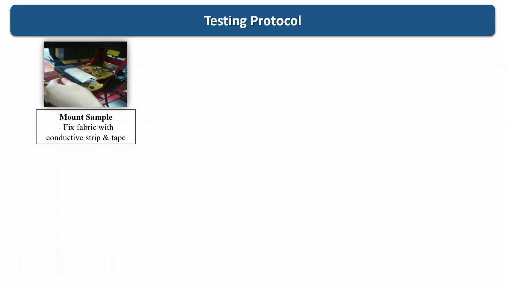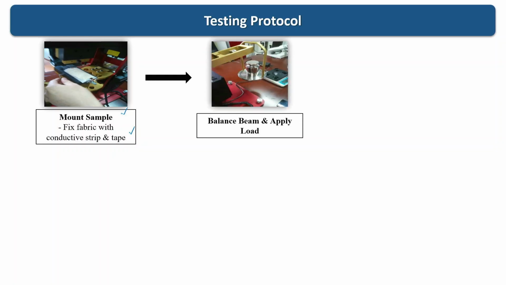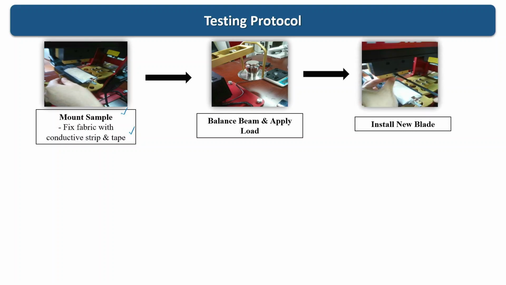Now, the stages, if you see here: we are mounting the sample, fixing the fabric with conductive strip and tape. Next, we are balancing the beam and the load is being applied, the normal load here.